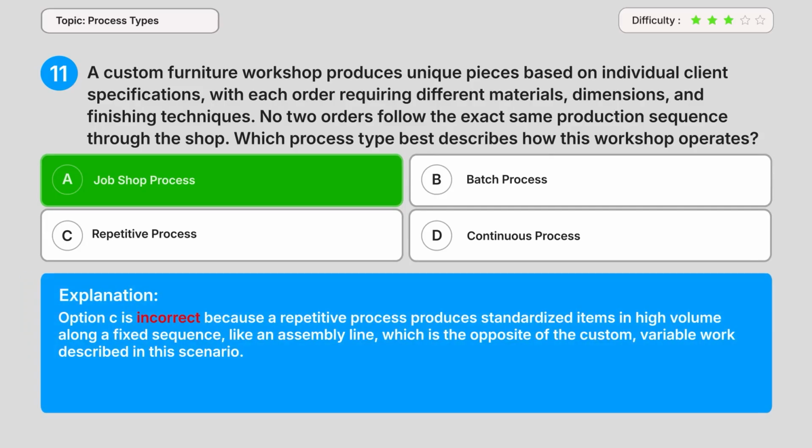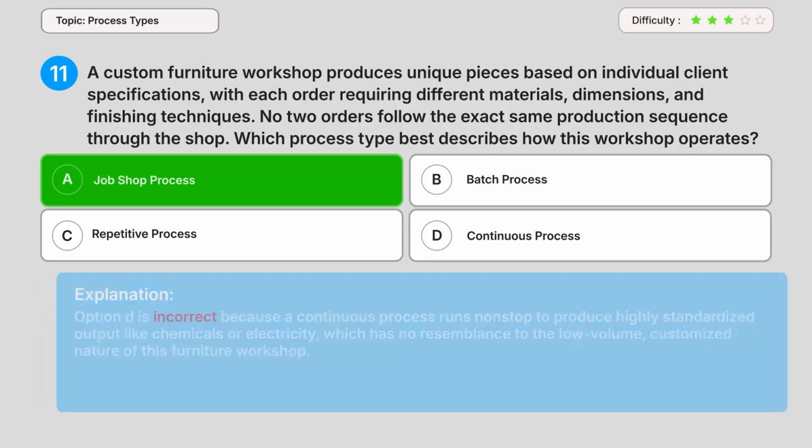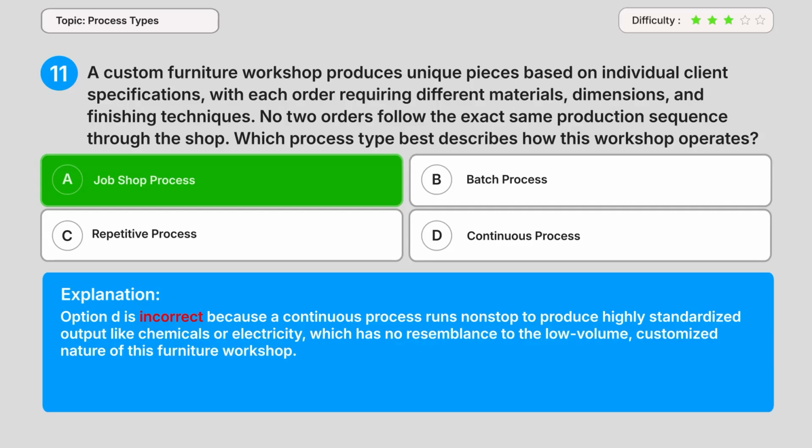Option C is incorrect because a repetitive process produces standardized items in high volume along a fixed sequence, like an assembly line, which is the opposite of the custom, variable work described in this scenario. Option D is incorrect because a continuous process runs non-stop to produce highly standardized output, like chemicals or electricity, which has no resemblance to the low-volume, customized nature of this furniture workshop.